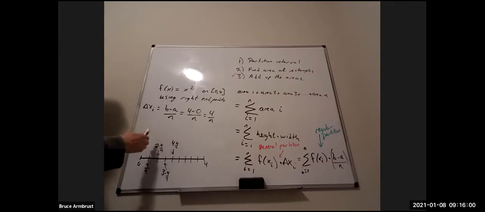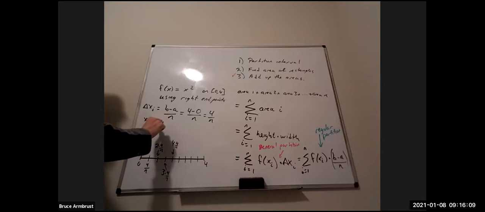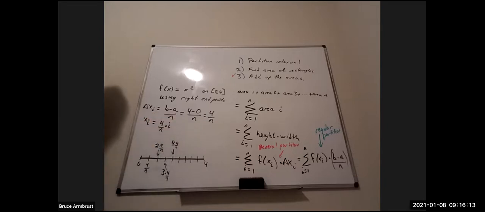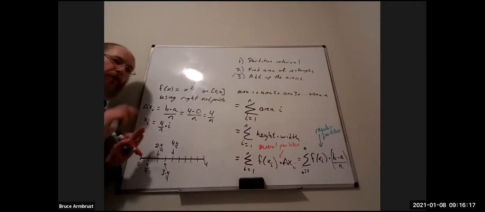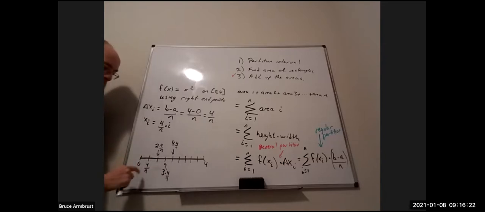Okay, so that tells me then that my x sub i, the number that I'm choosing to plug in, is going to be 4 over n times i. And at this point, you might go, whoa, whoa, whoa, whoa. Where'd that i come from? Well, think about what we're doing.